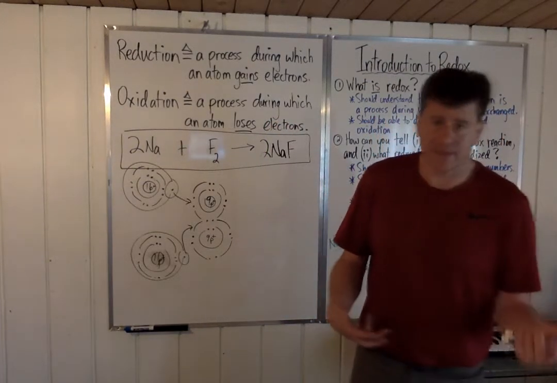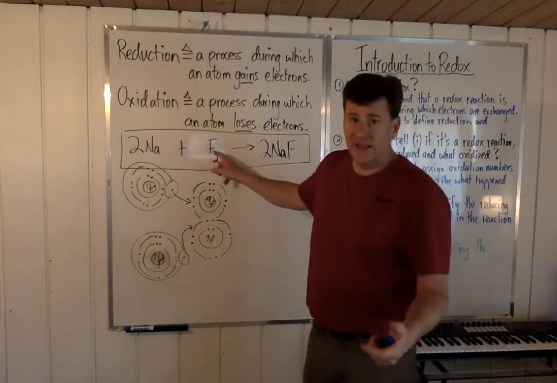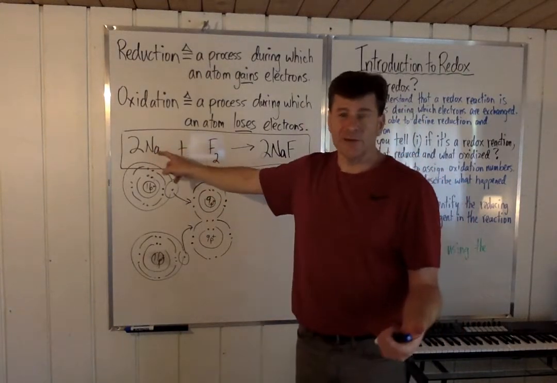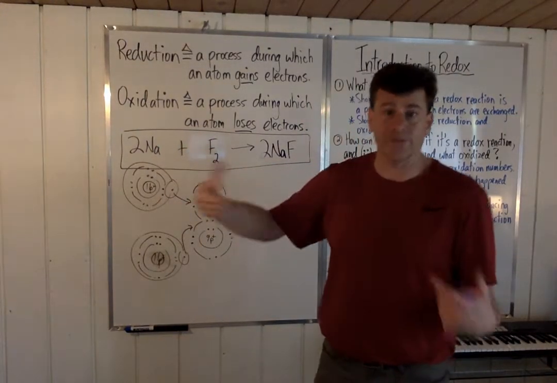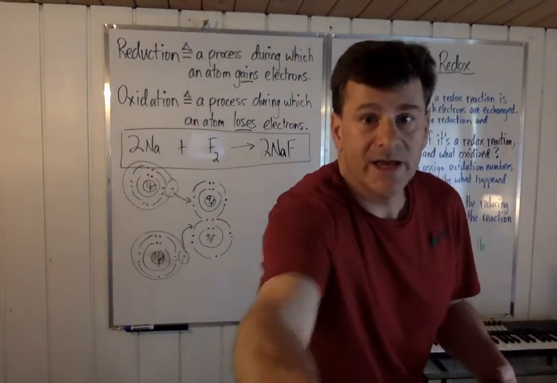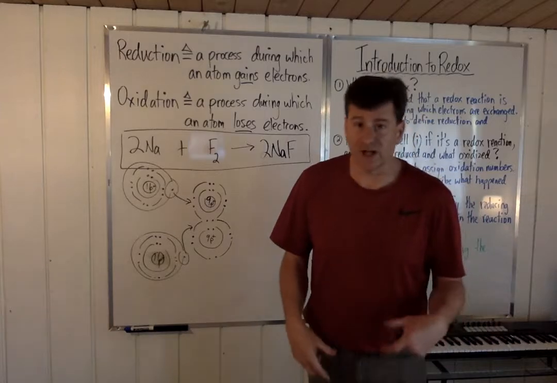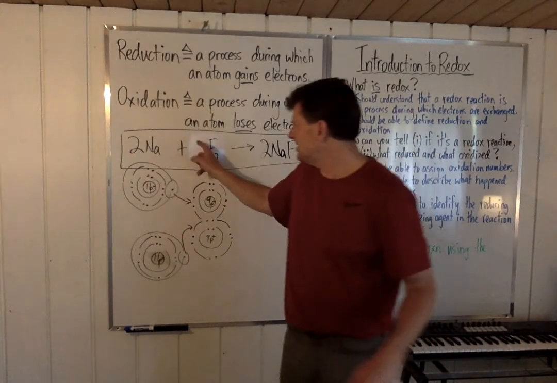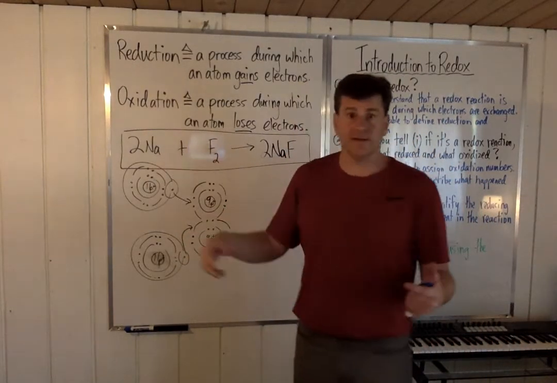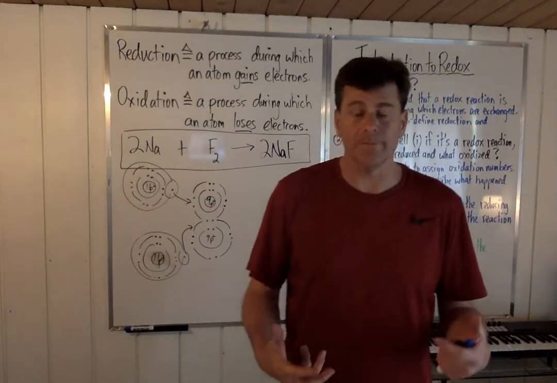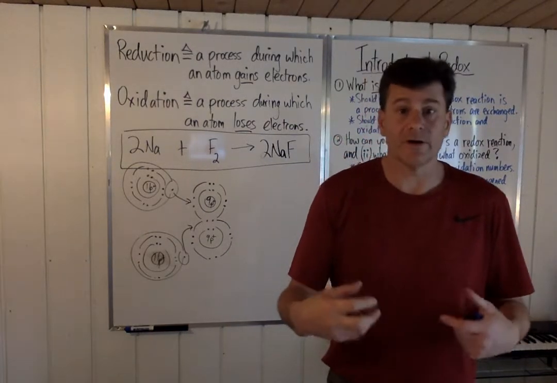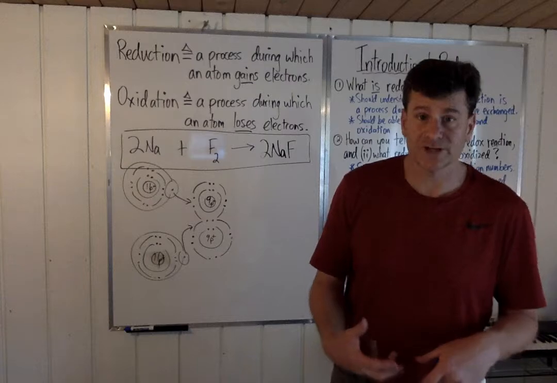And you're probably thinking, the two elemental forms, like sodium doesn't like to be in its elemental form. It's got an extra electron on the outer shell. It doesn't like to do that. Fluorine is missing an electron on its outer shell. It doesn't like to do that. And so these two things are not in a stable, happy form in terms of their atomic electronic structure.